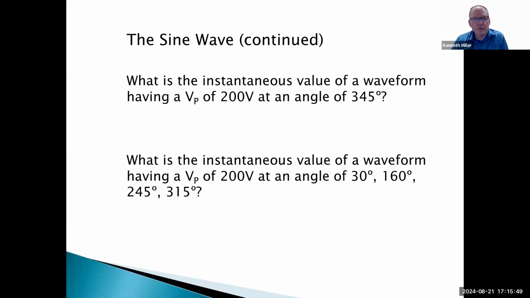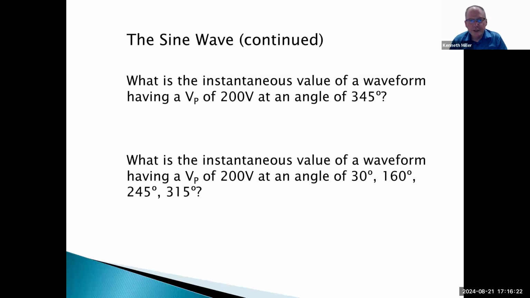All right, so what is the instantaneous value of a waveform of VP of 200 volts at an angle of 345 degrees? So you would just go VP would be 200, and then sine 345, and that's negative 51.764 volts.